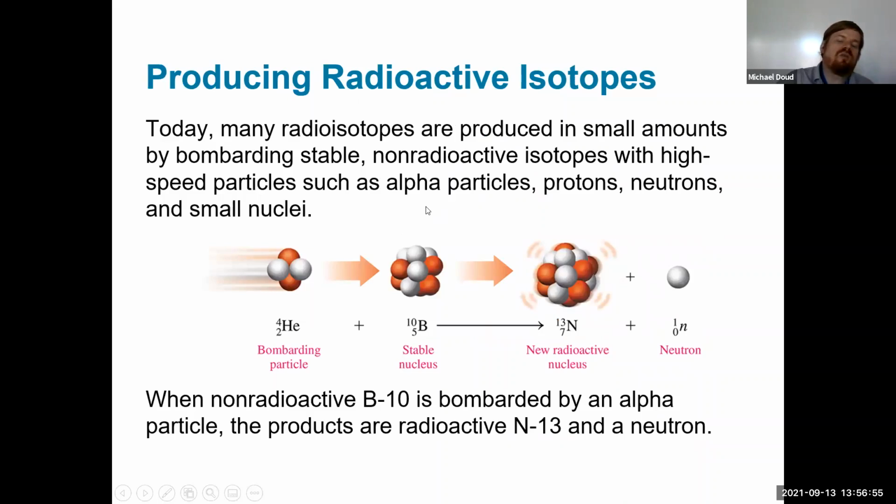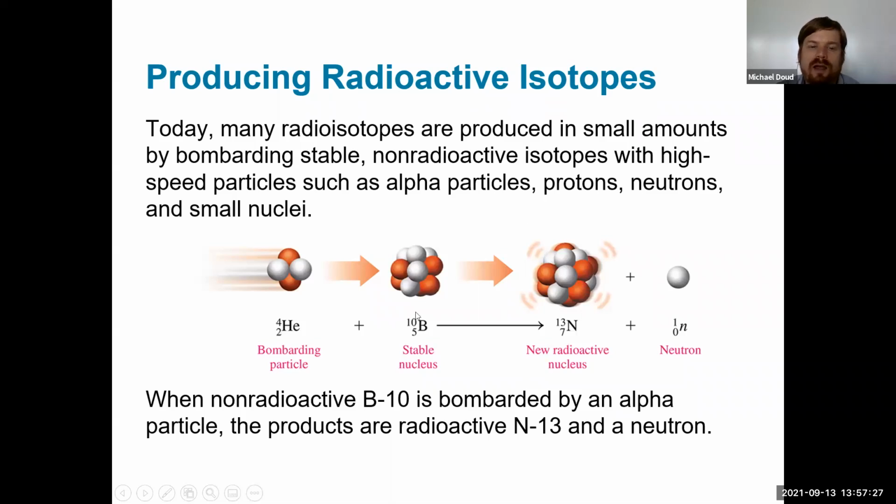Okay, so now one problem that we have in medicine is we want to be able to produce radioactive isotopes that are useful, but those radioactive isotopes decay. So how is it that we are able to make our radioactive isotopes? Well, one thing that we can do is if we take two stable nuclei and shoot them together, sometimes we can produce an unstable nucleus that we can then harvest and use for whatever source that we need it for.